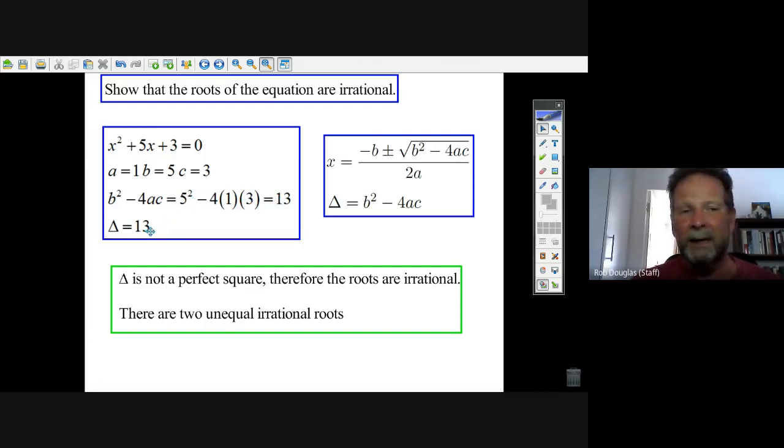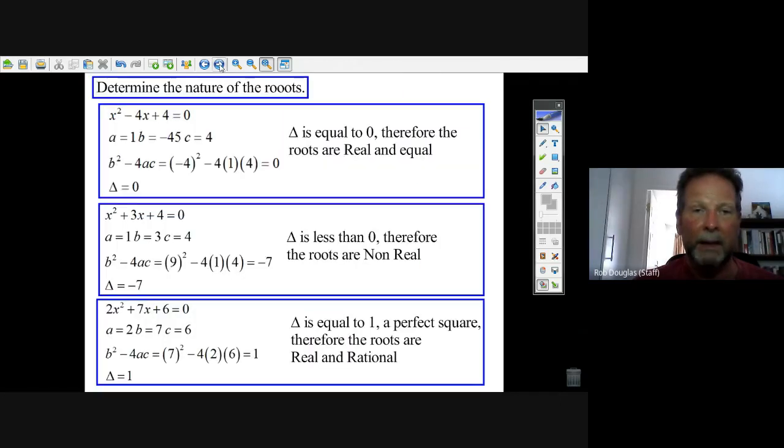Well, 13 is not a perfect square. If I take the square root of it, I get an irrational number. So I'm going to be adding an irrational and subtracting an irrational number in the answer. So there are 2 unequal irrational roots. If you can't take the square root of it, then the roots are irrational. They're real, but they're irrational.